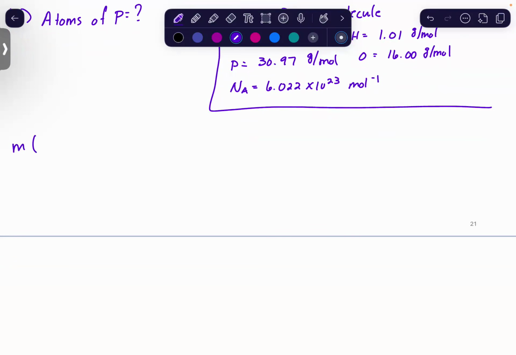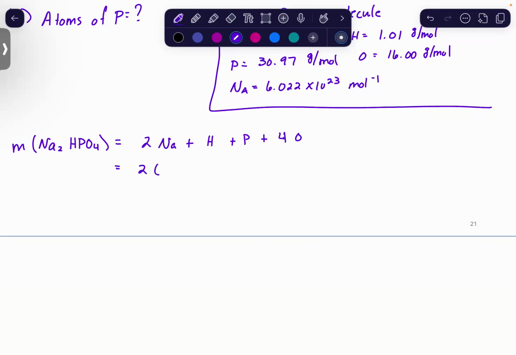So the mass of sodium hydrogen phosphate, you're going to need two sodiums plus hydrogen plus phosphorus plus 4 oxygens.